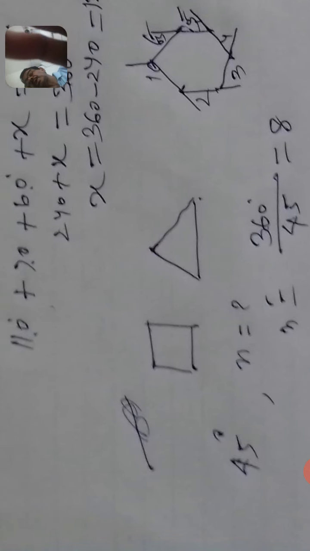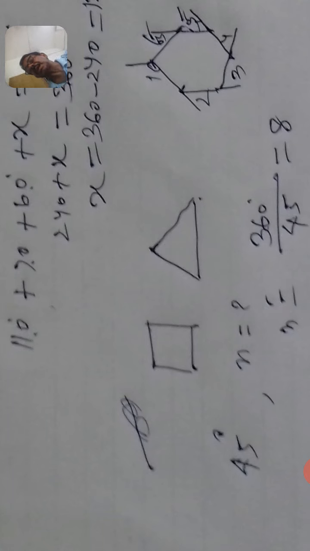So now regular polygon. A polygon in which all sides are equal is called a regular polygon. For example, a square is a regular polygon with 4 sides, an equilateral triangle is a regular polygon with 3 sides, and there is a regular hexagon.